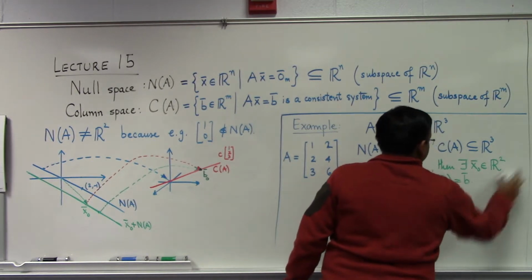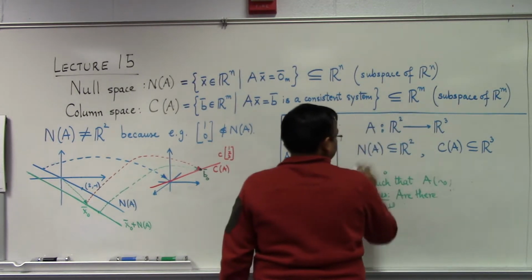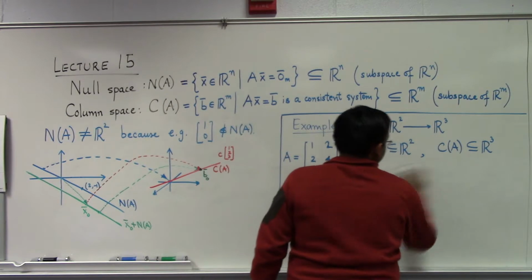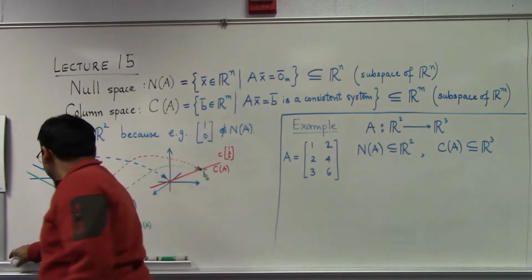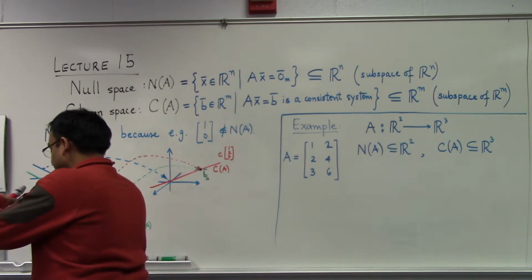So here's my answer to this question, and that tells us the significance of the null space in this entire context, and why we are so hung up on the null space.